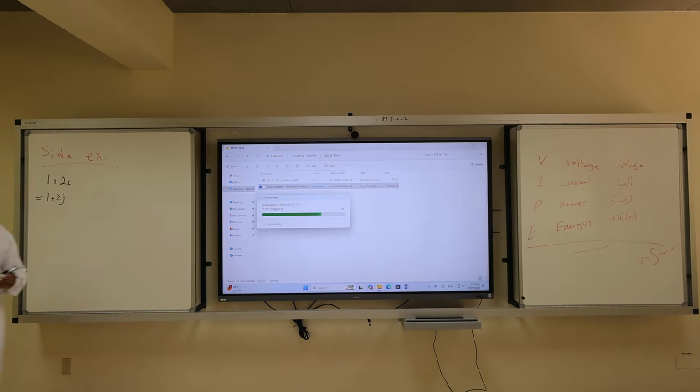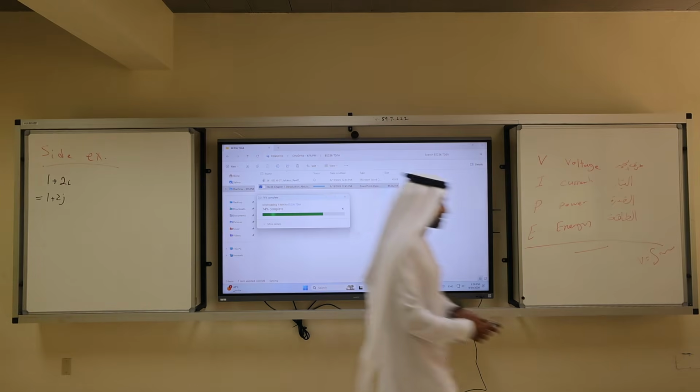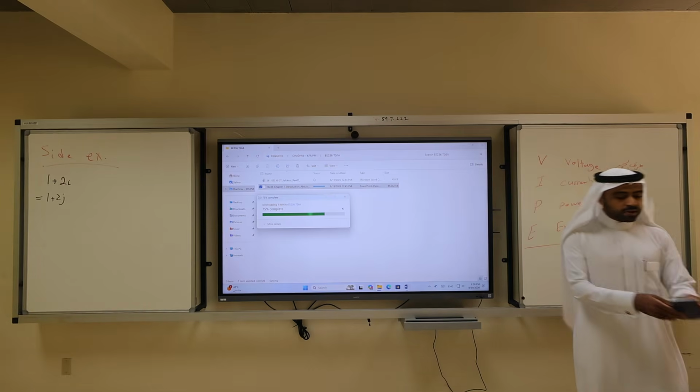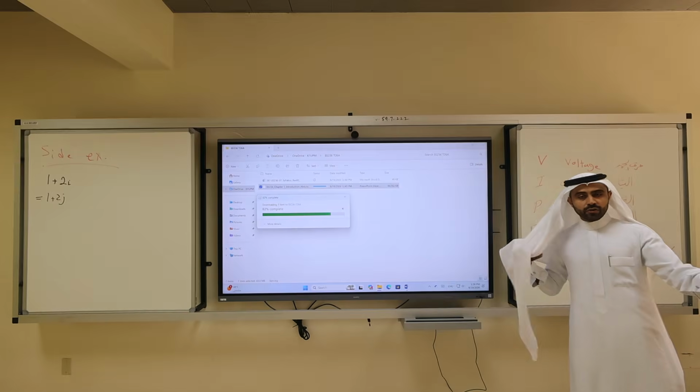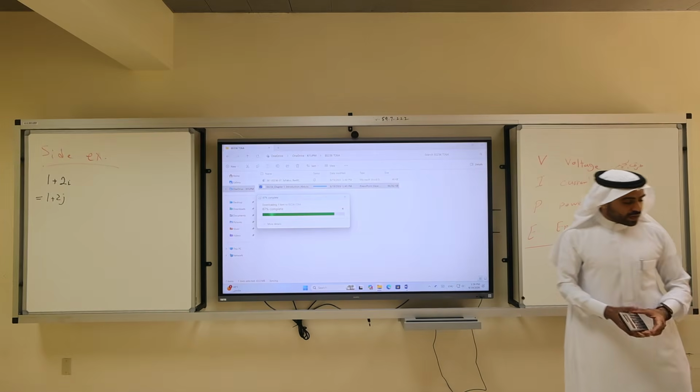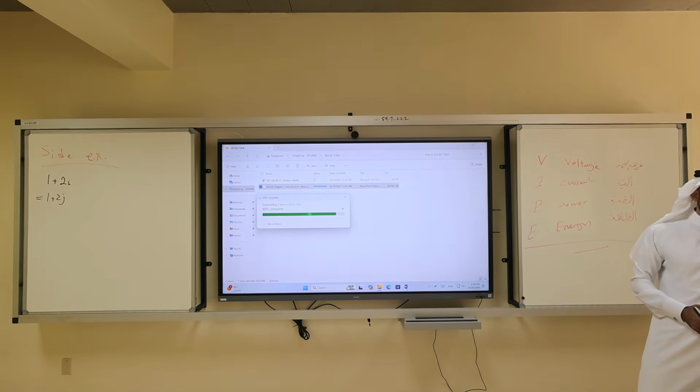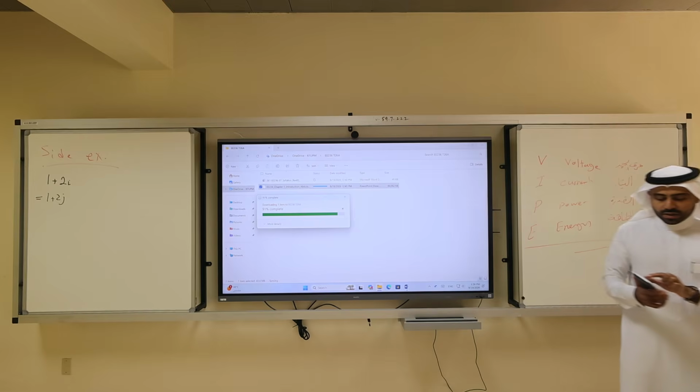So on your calculator, while we download the slides, let's do this exercise. Open your calculator. Who doesn't have a calculator? You can use the tablet or iPhone calculator. The iPhone, you can have scientific, right top corner.